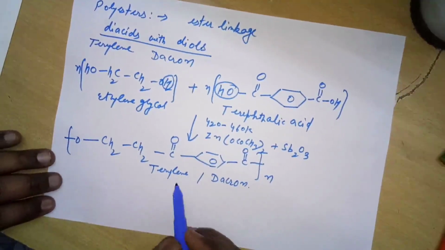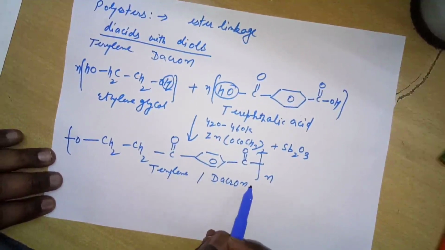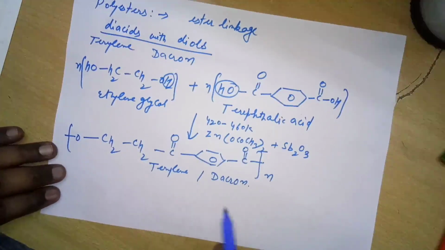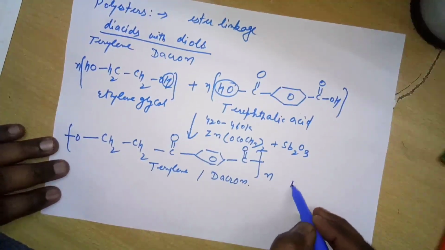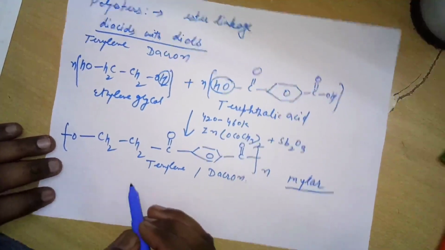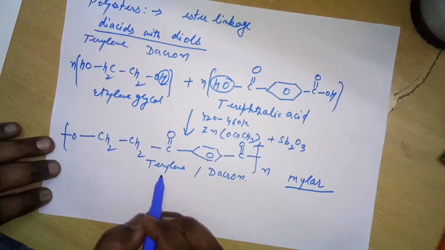In practice, a better product is obtained by using a trans-esterification process. By this process, we also get another form called mylar. The fiber of terylene is highly resistant, durable, and has low moisture content.